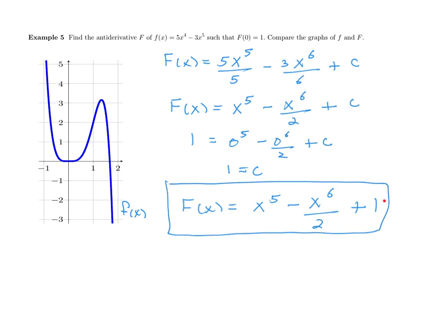I'm going to plug this function into my graphing calculator and sketch what I see over here and just try to make a connection between what's happening on the graph of f and its antiderivative. So here are the connections that I'm trying to make. This is the derivative of this. Any place where this is positive means this function must be increasing.